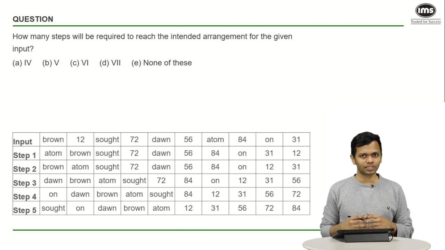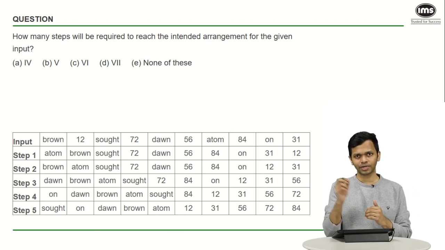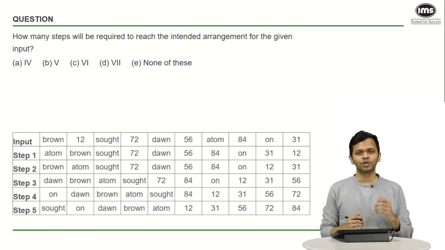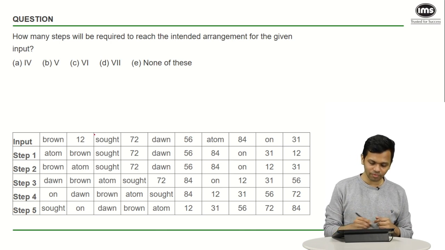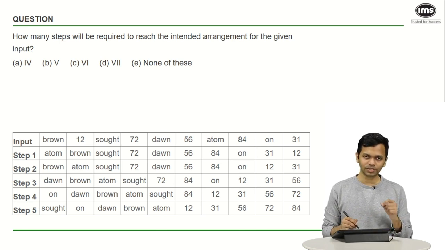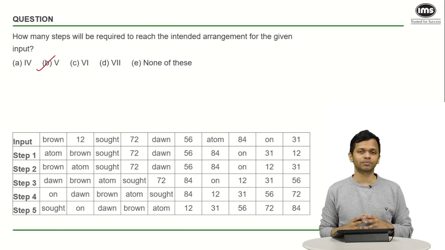Now when you are arranging them, you will have to make a movement of the word towards the beginning and then move it towards the center. For number, take it at the end, bring it to the center. You will definitely require 5 steps to do that because you have 5 numbers and you have 5 words. And that is why even without writing all of this, you could have simply answered this one question just by looking at it, that you will need 5 steps to arrive at the intended arrangement.